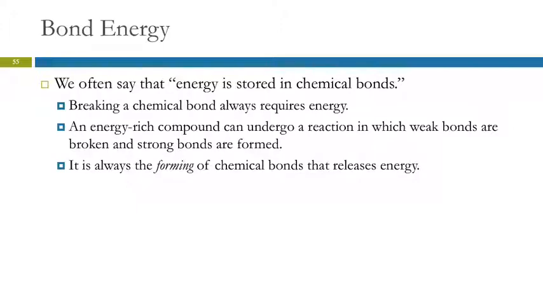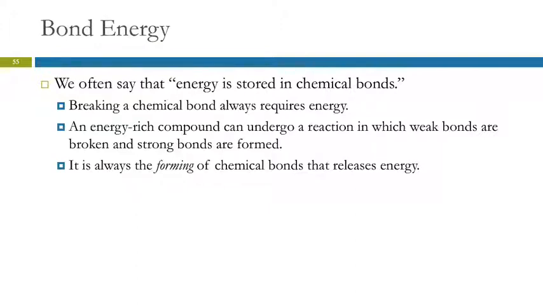So we often say that energy is stored in chemical bonds. That's kind of not quite right. Breaking a bond requires energy. So how is energy stored in the chemical bond? Well, an energy-rich compound that has high chemical potential energy can undergo a reaction in which weak bonds are broken and strong bonds are formed.